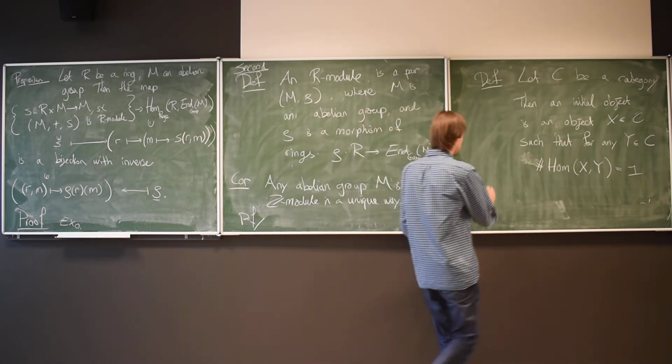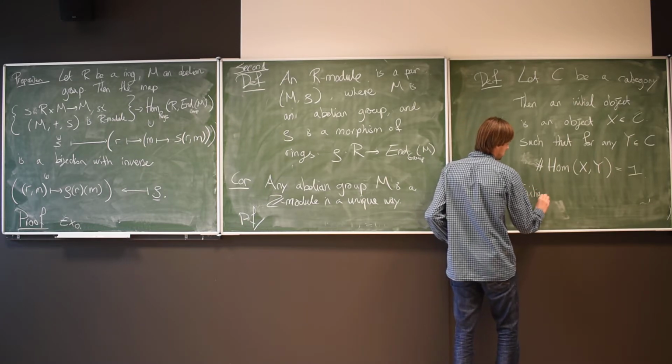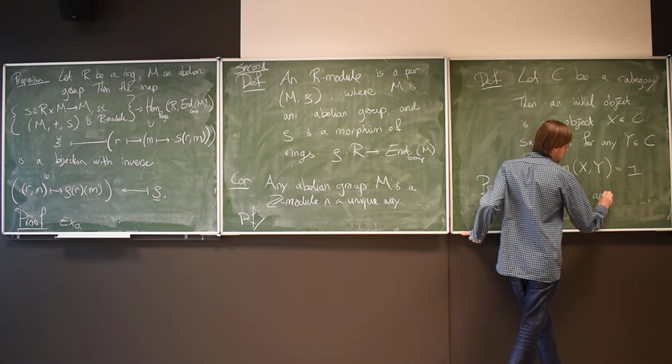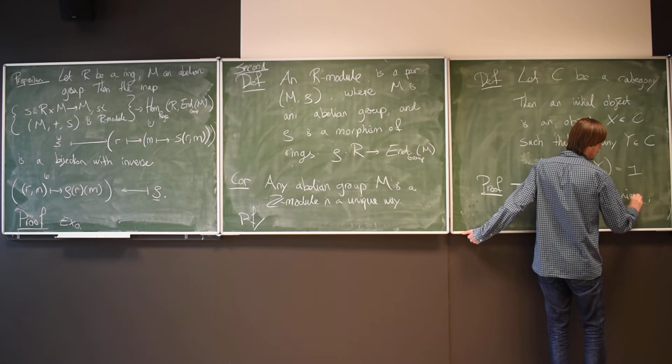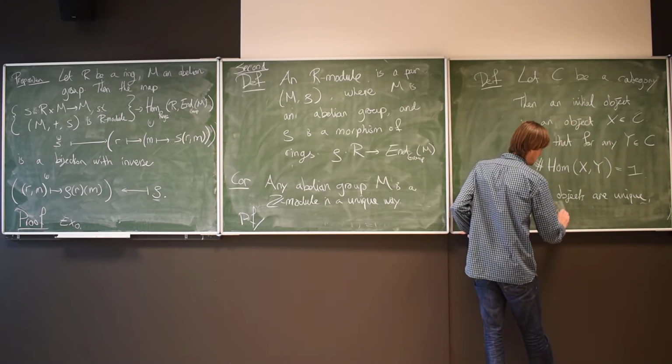Okay, so what you can show is that initial objects are unique up to unique isomorphism.